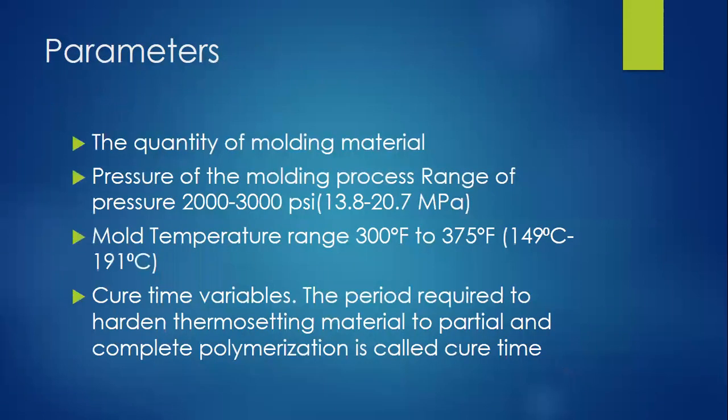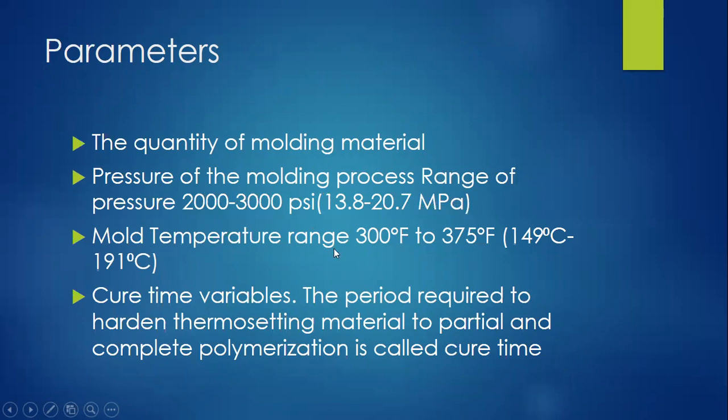What are the parameters? The quantity of molding material. The pressure of the molding process ranges from 2000 to 3000 psi, or 13.8 to 20.7 MPa.